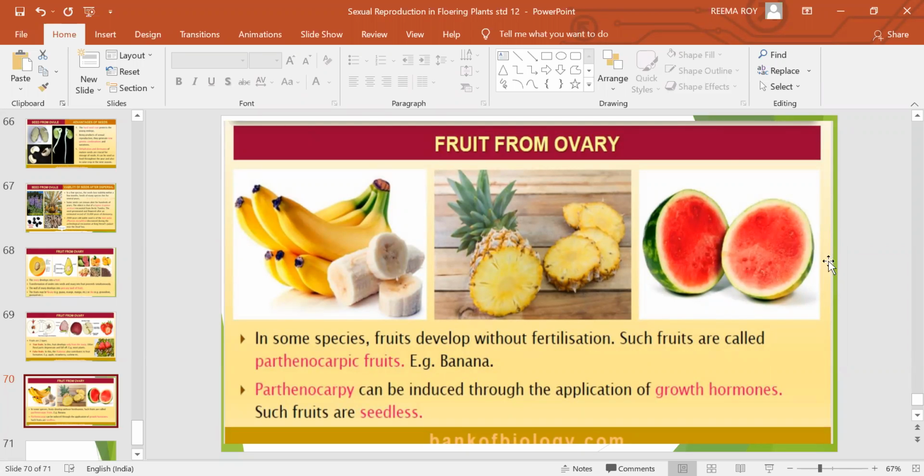Seedless watermelon also, in some places, not in all places. So they are induced through a growth hormone. What is this process called? Parthenocarpy. That means fruits developed without fertilization. They don't have seed, they are seedless. This is called parthenocarpy.